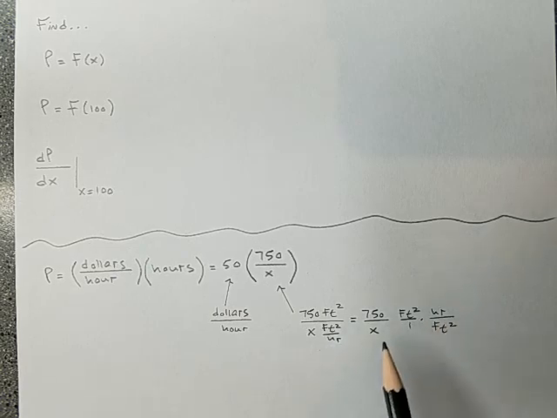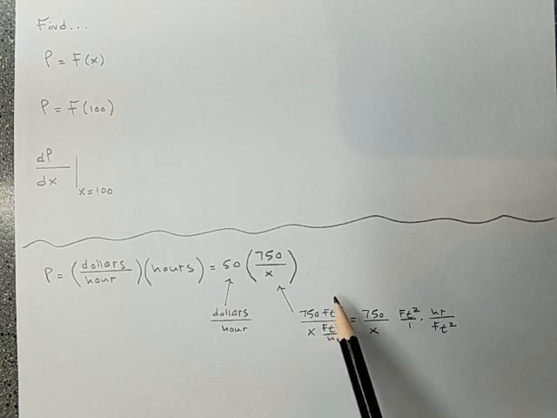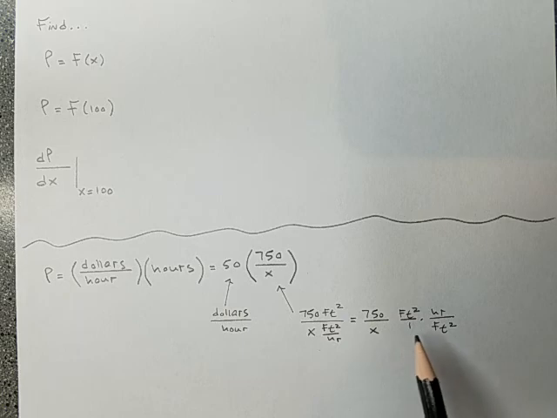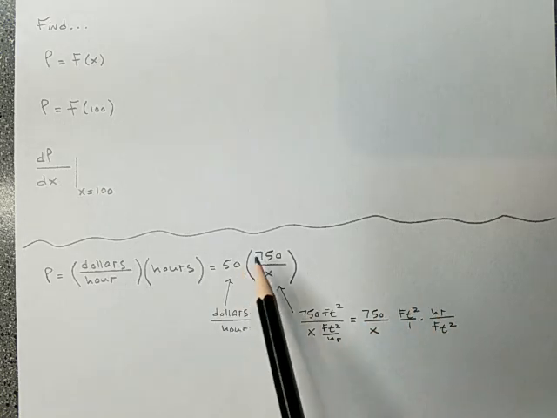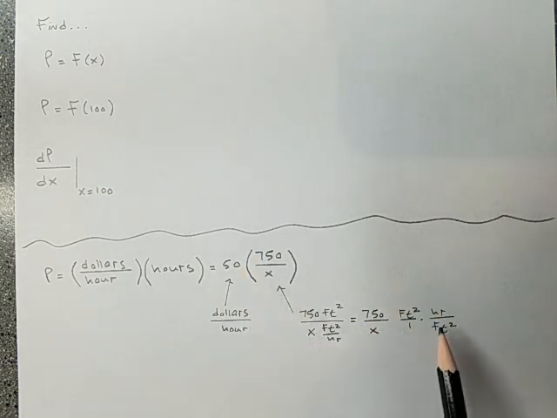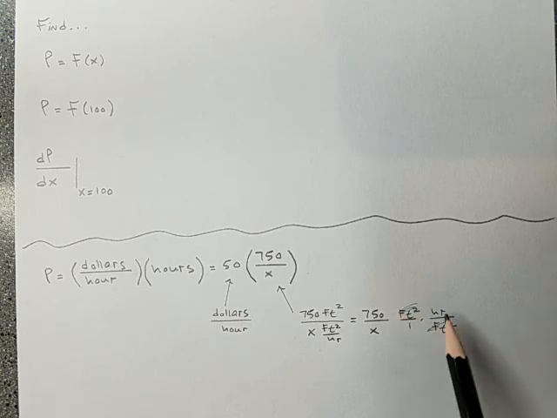Look at how the units work out. I got the number 750 divided by X. I've got square feet on top divided by square feet per hour on the bottom. You can analyze units like this. What are the units of this number? If you take 750 and divide by X, what are the units of what you get? Well, the square feet cancel out of it, and the units will be hours.